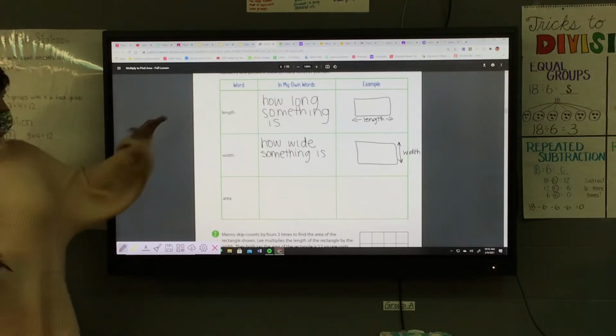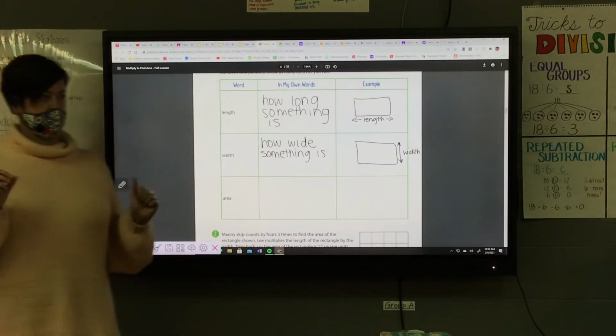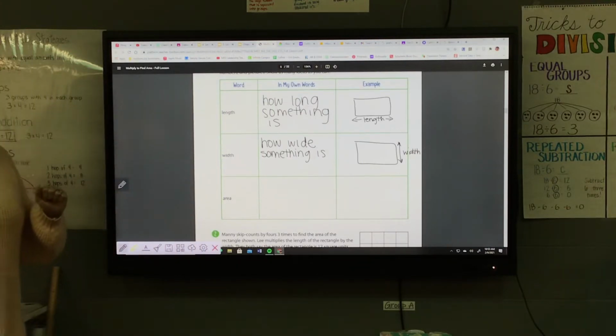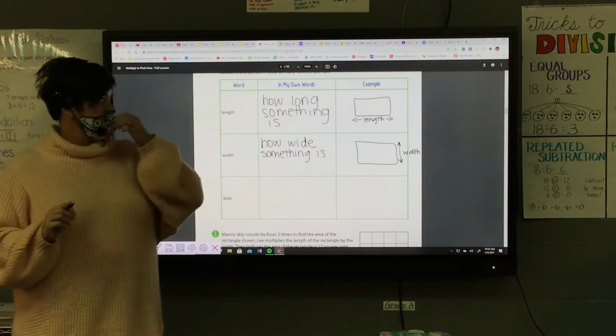All right, do you have your length and your width completed? Yep. So now moving on to the area.